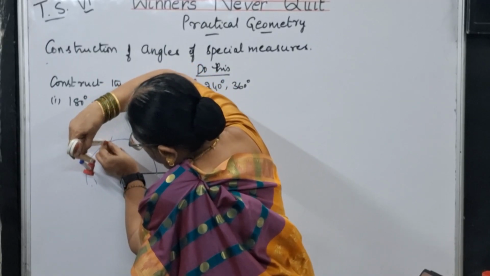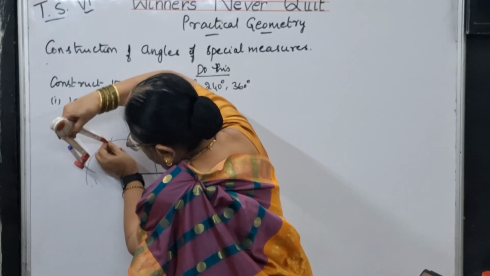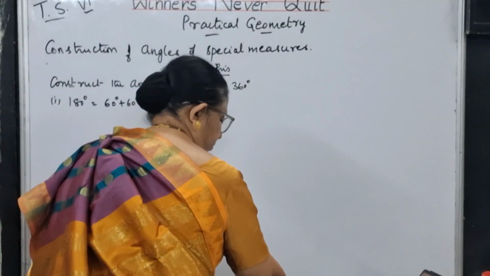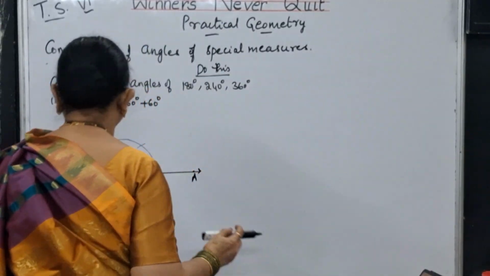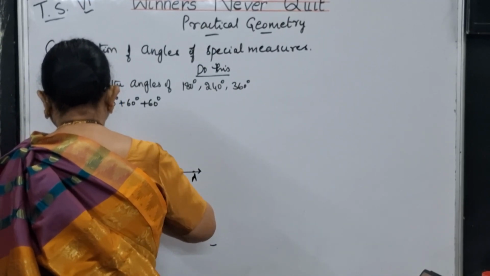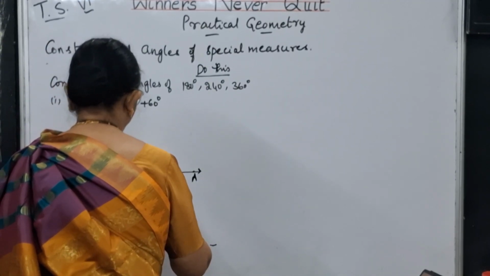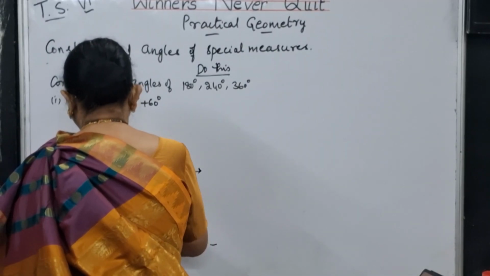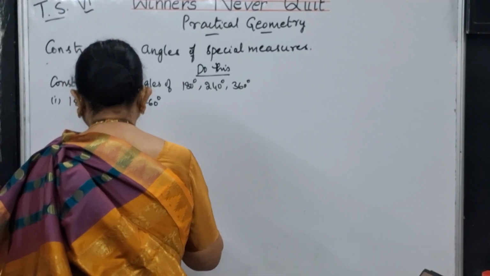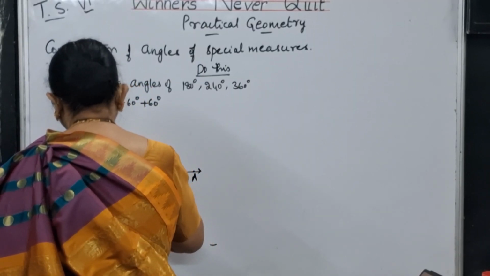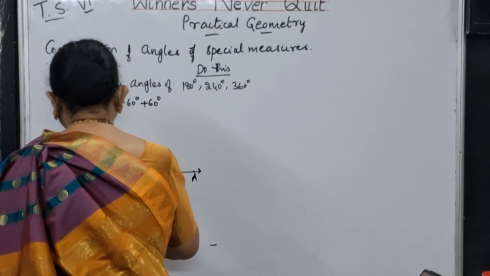So this is the third arc. So at the third arc, I should draw a line, children. In fact, it should be in a straight way, a straight line. 180 degrees means a straight line I should get.